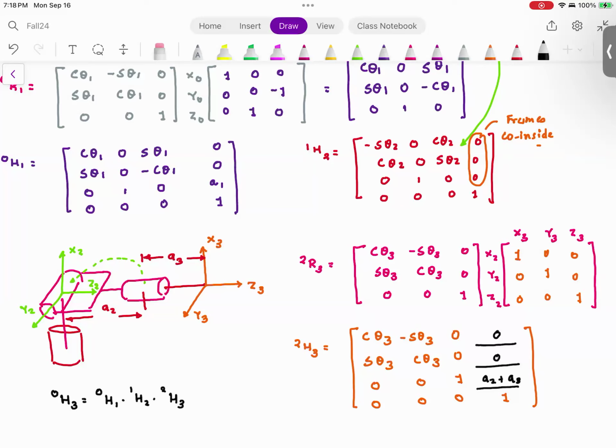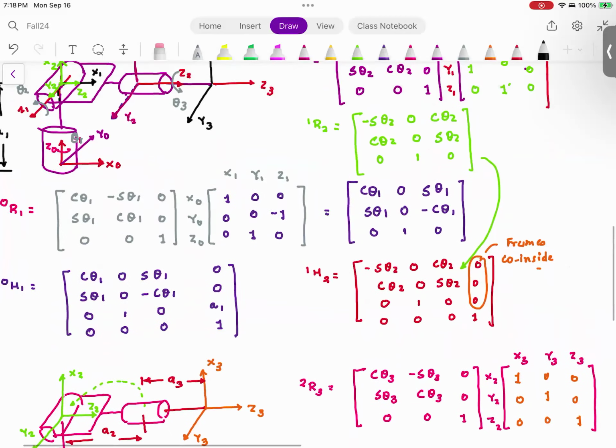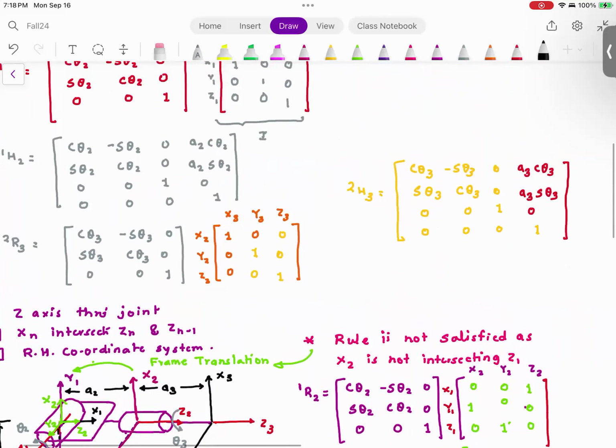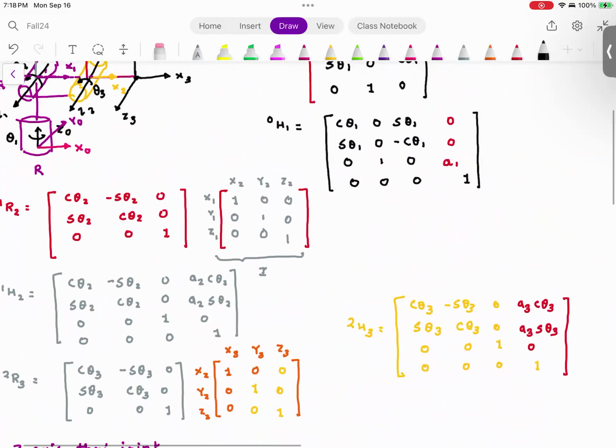Before I explain this, I want you to understand what is happening here. Have you noticed that whenever we have a transformation with cosine theta 2, sine theta 2, we take the projection because the angle rotates. The angle rotates.